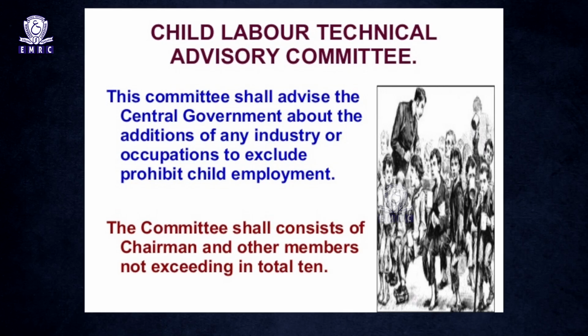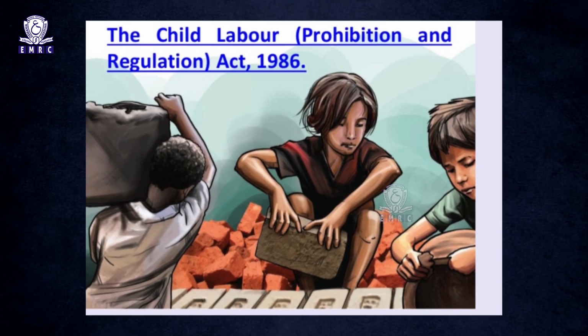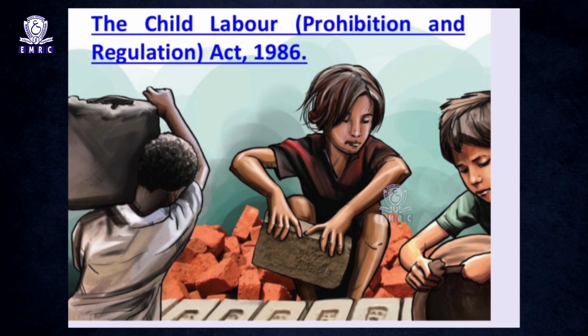constituted under the Act. In consonance with the Child Labour Prohibition and Regulation Act, a national policy on child labour was formulated in 1987.